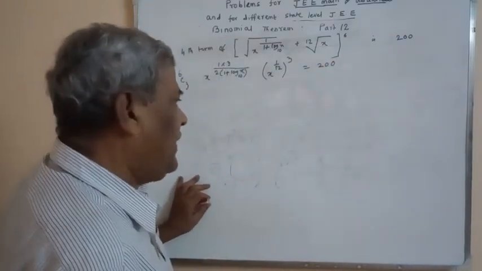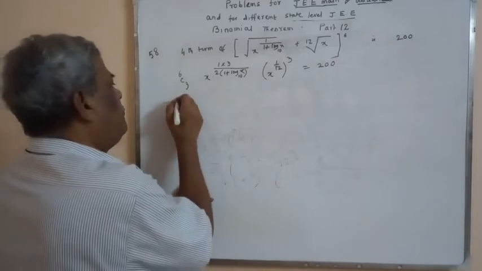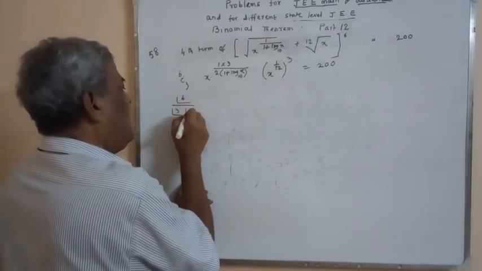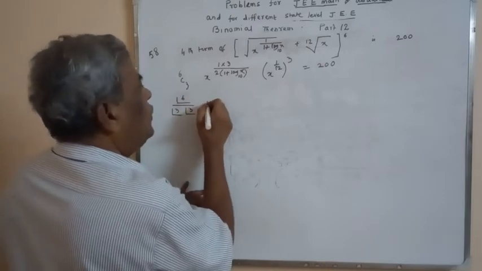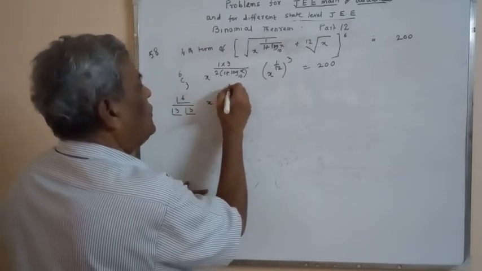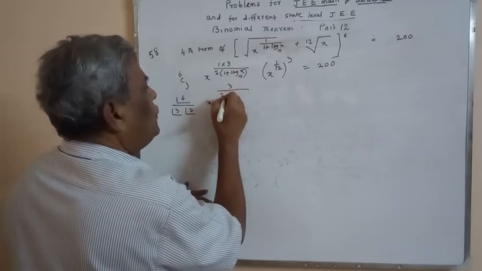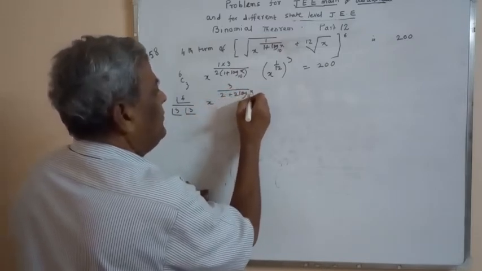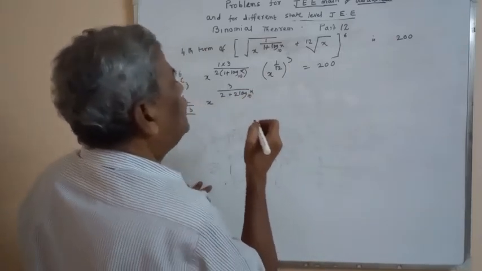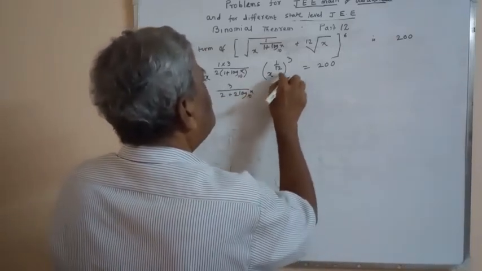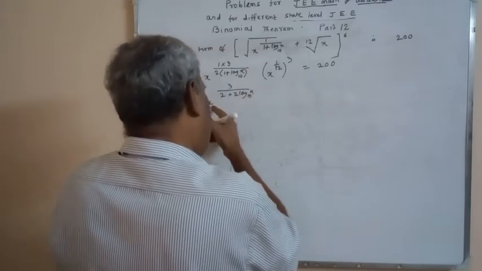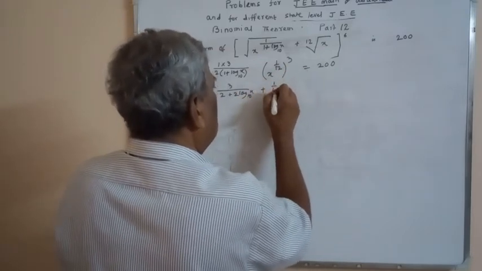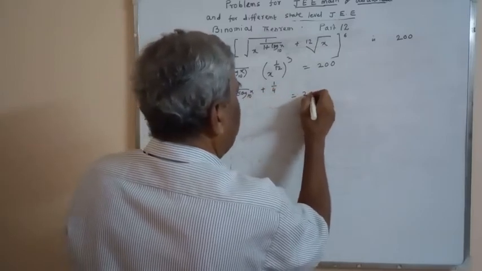The 6C3 is simply factorial 6 by factorial 3 into factorial 3, into x to the power 3 by 2 into 1 plus log x base 10, into x to the power 3 by 12, that is 1 by 4, that is equal to 200.